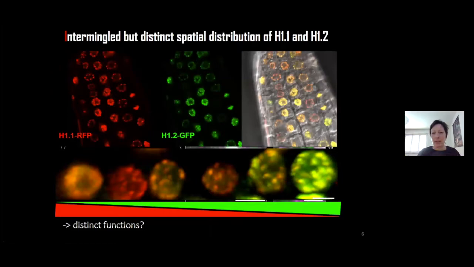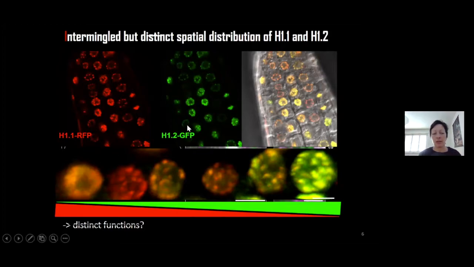Also at the tissue scale, what we can see is that H11 and H12, even though they are structurally really similar, they differ by only a few amino acids, and they have similar properties, except that H12 is slightly less mobile than H11. What we see is that there is an opposite correlation of their abundance depending on the differentiation level.